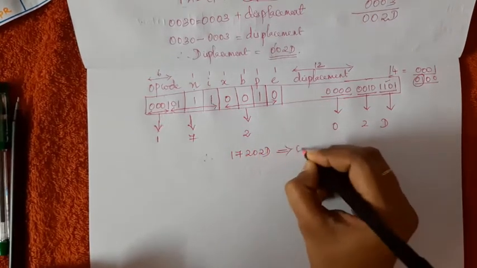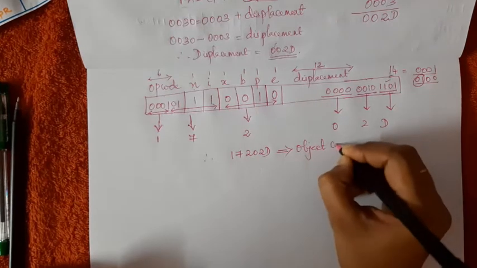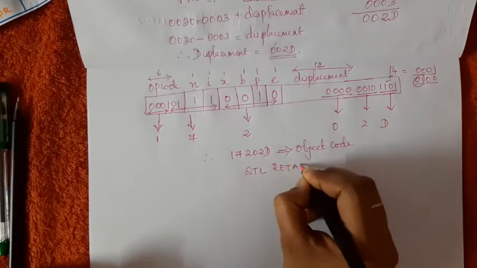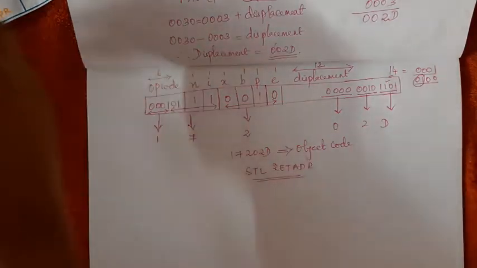This is the object code for the instruction STL RETADR.